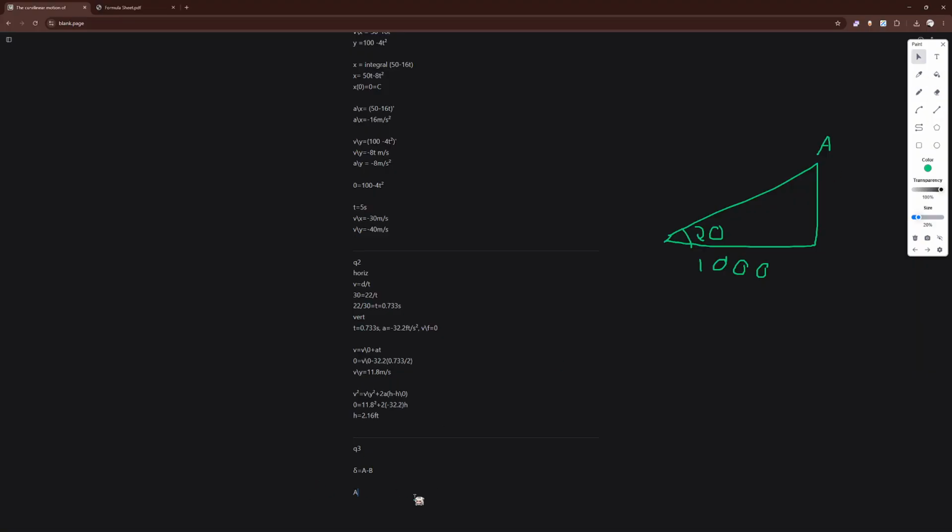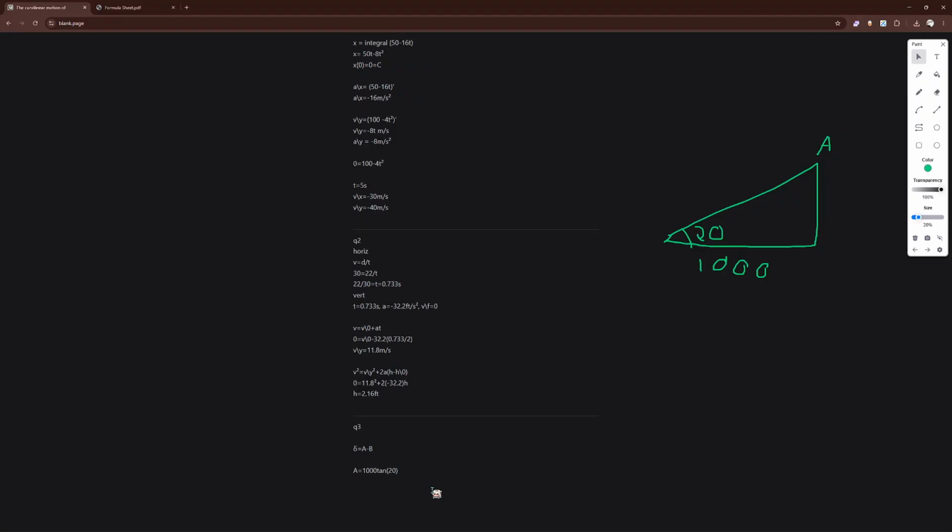To get height A, we're going to be using a trig function. And if you see, we have the adjacent side and we want the opposite. So use tangent. It's going to be 1,000 tan 20. This is in degrees, by the way. So if you're using a calculator, make sure it's in degrees and not radians, because if it's in radians, you're not going to have the right answer.